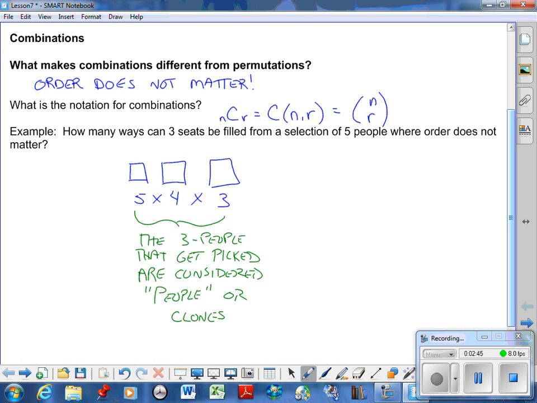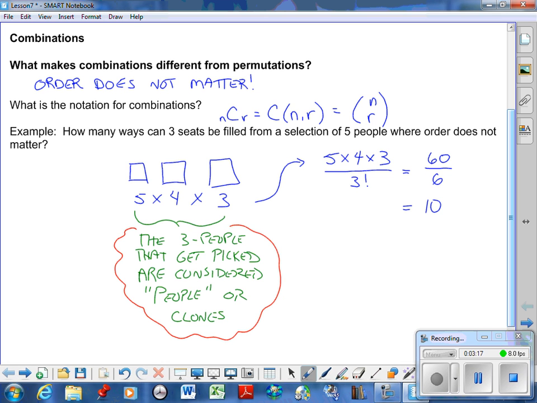Finishing off the math, we'd have 5 times 4 times 3 divided by, if each of those people is a clone, 3 factorial. When you calculate that out, the 5 times 4 times 3 gives us 60, divided by 3 factorial, which is 6, so it gives us 10. And this is the key right here: when order doesn't matter, the people being selected or the objects being selected are clones.